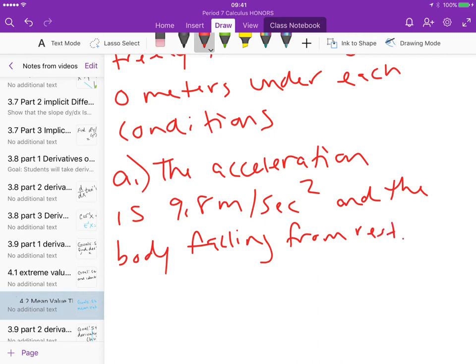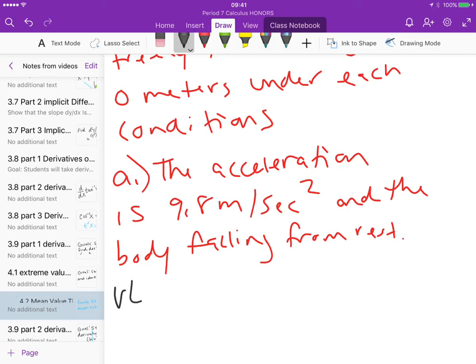All right, so let's look into this first condition first and foremost. Once again, velocity in this case would be the antiderivative of the constant 9.8.